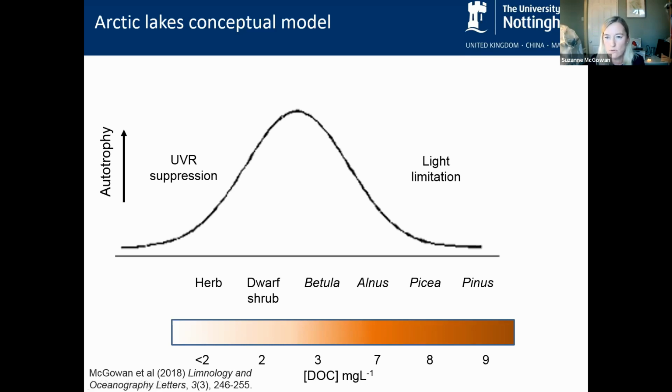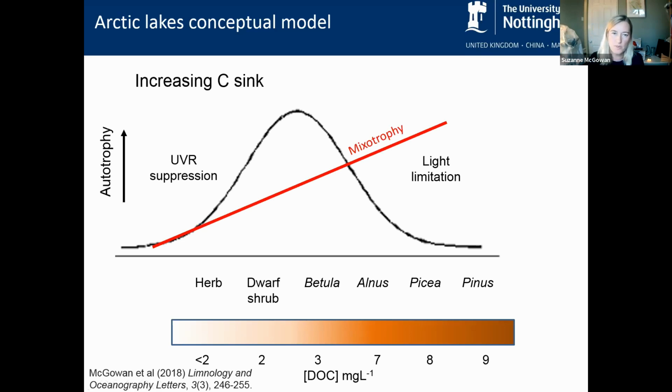So we've got this unimodal relationship, but we've also got this increase in mixotrophic algae as we go up that gradient, and potentially we'd have an increase in carbon sink on one side of the diagram and an increasing carbon source, the propensity to be a carbon source.